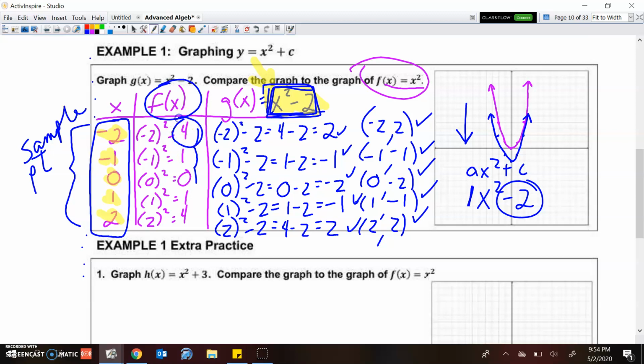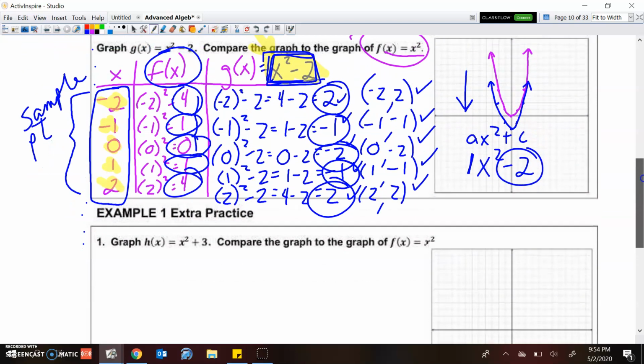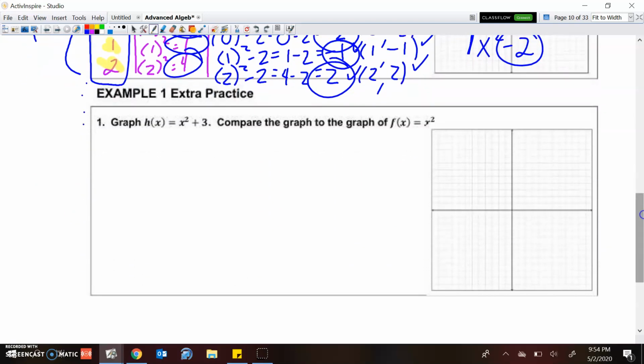Because notice 4 minus 2 is 2. 1 minus 2 is negative 1. 0 minus 2 is negative 2, and so on. So it's up to you how you approach it. I'm going to do this table each time, mainly because we're doing this remotely, and it can be confusing to throw other options in, but that's what we would do.